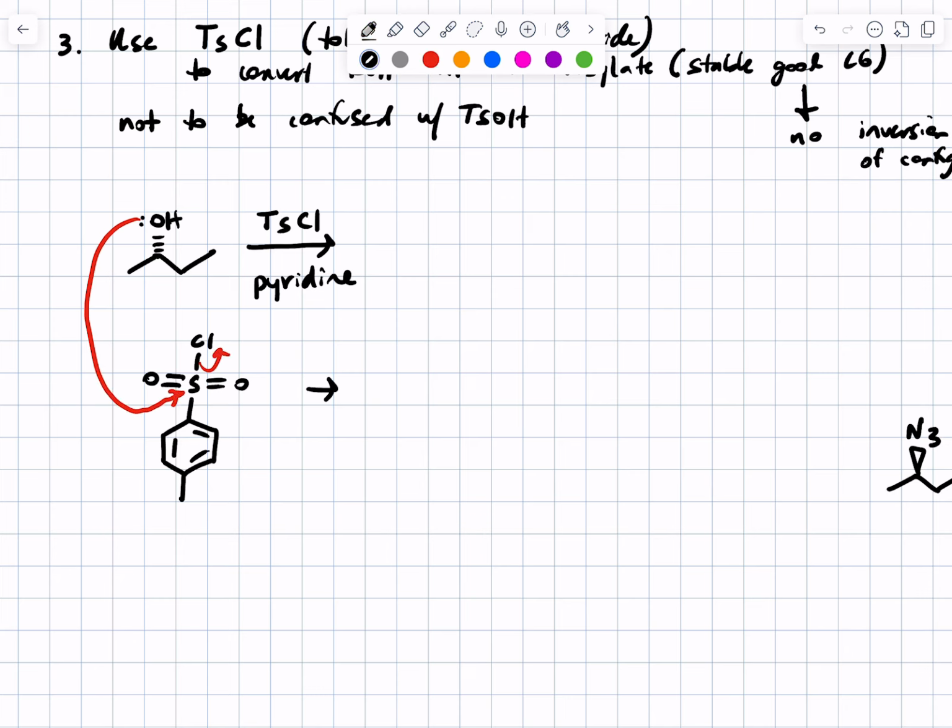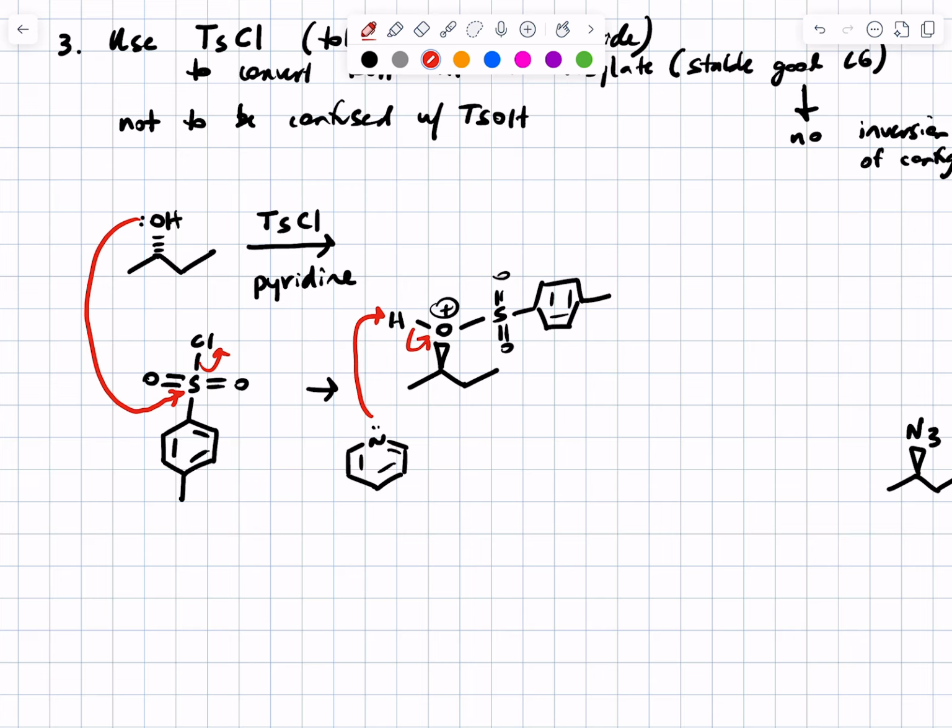That's going to get you to an intermediate that looks like this, where there's a positively charged oxygen, and the oxygen is also attached to the sulfur. And then your base, pyridine, probably removes that proton on the positively charged oxygen.